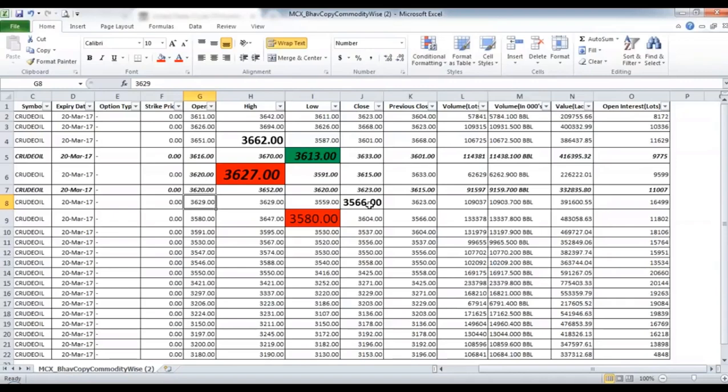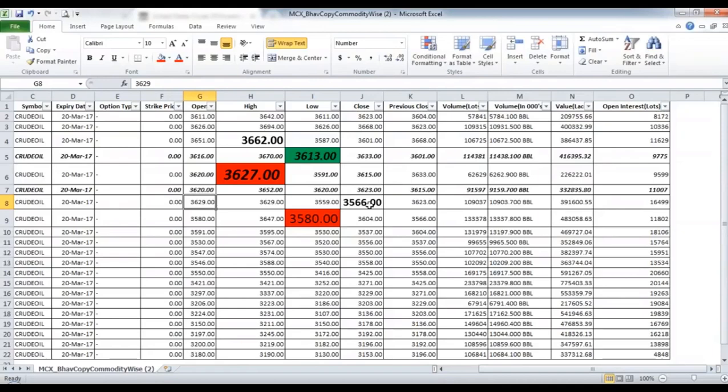So if you do it with one lot, say of mini, where you take a stop loss of 20 rupees, which means 200 rupees loss, and if you gain, you will gain what? How much? 500 rupees, minimum 50 rupees.